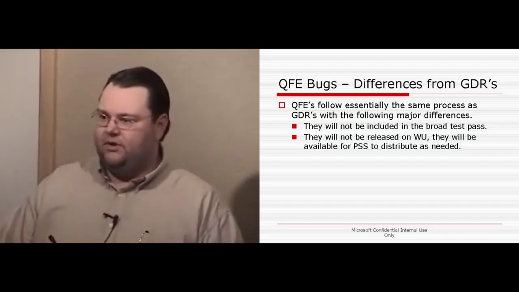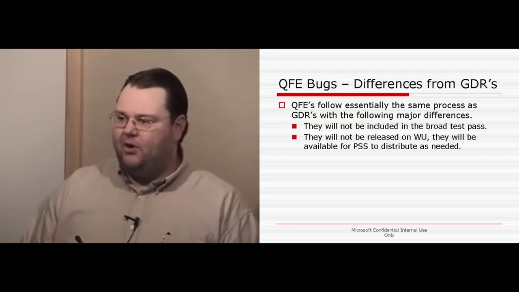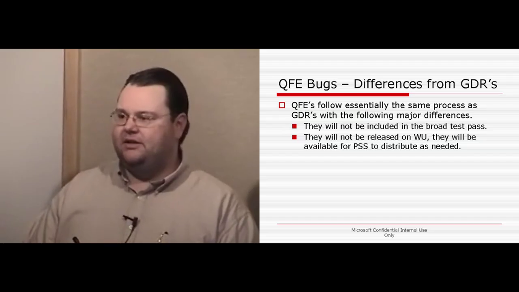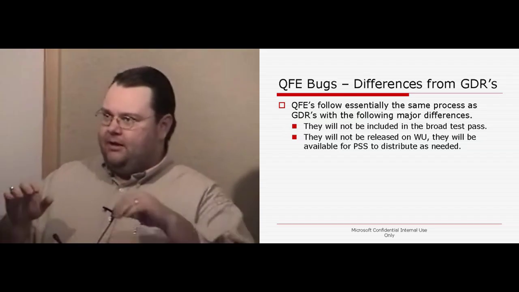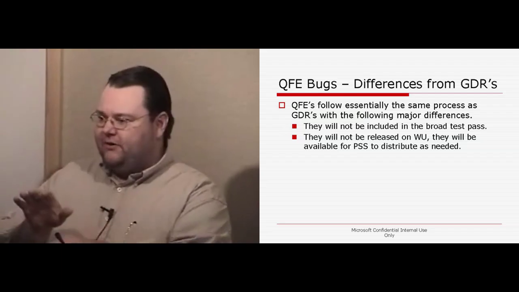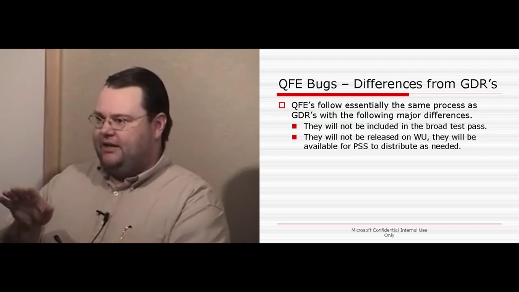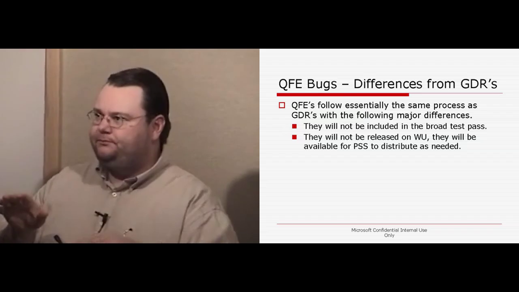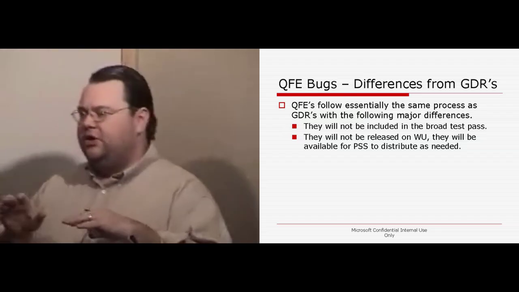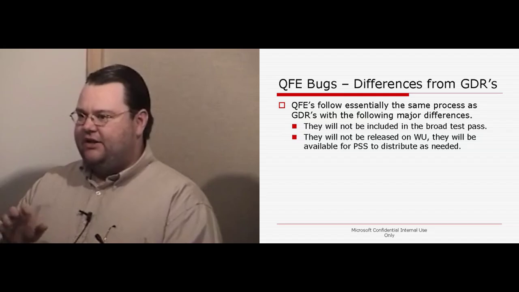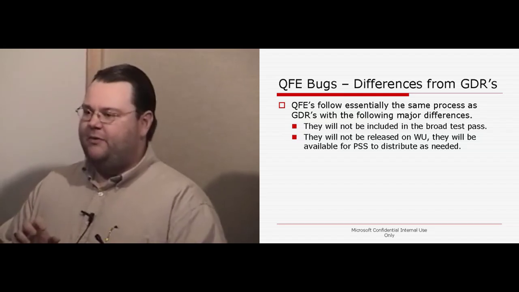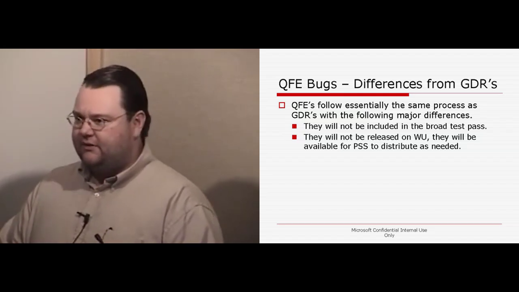So the question was, do we maintain any separate branches for major customers? And no, we just have one branch for QFEs. The QFE branch will actually get separated from the service pack branch at some point, and that's really to maintain more stability in the service pack branch, so that we can really lock down the amount of check-ins that go into a service pack branch right before beta, or right before we release the service pack.